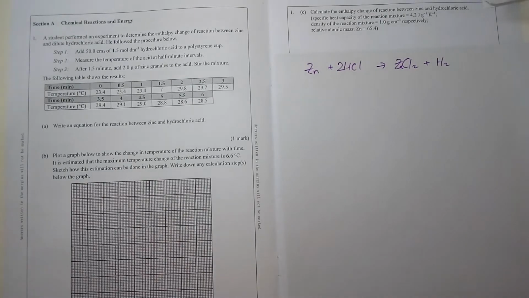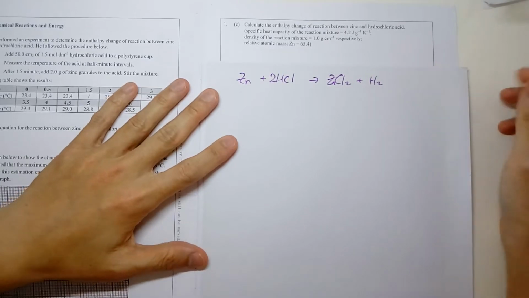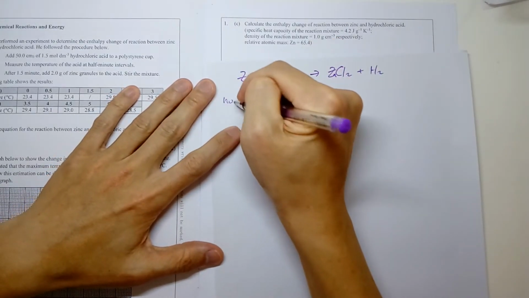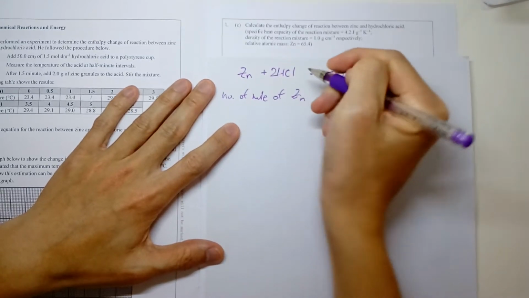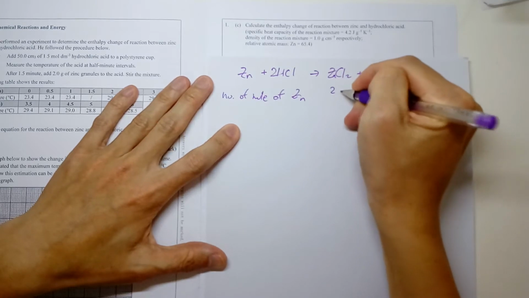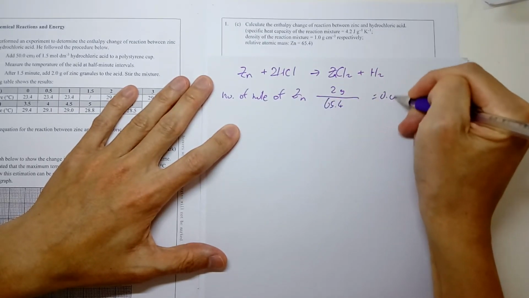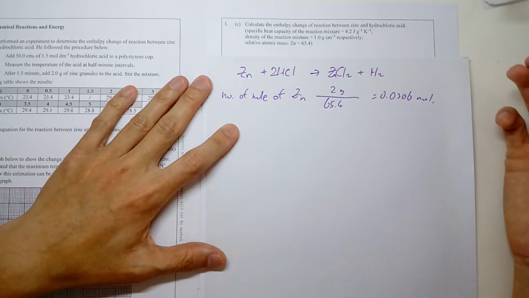Part C, calculate the enthalpy change between zinc and hydrochloric acid. Many of you get the correct idea. The number of moles of zinc, very good, is 2 grams over the molar mass, which is 0.0306 mole. Then he or she stopped.